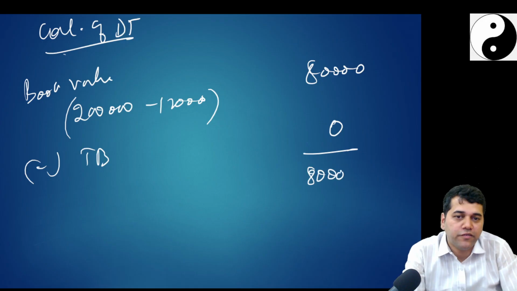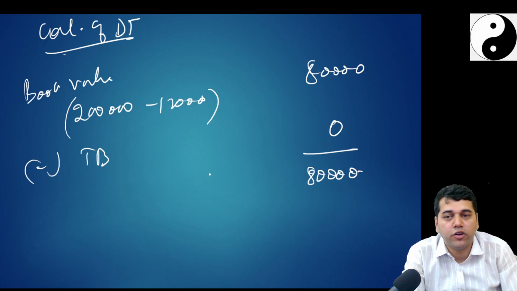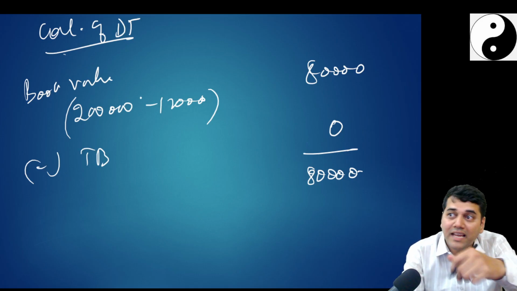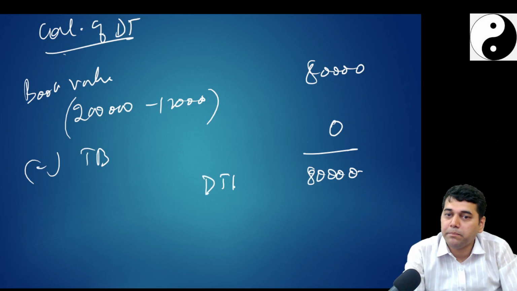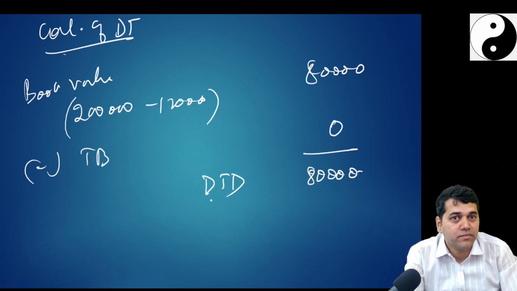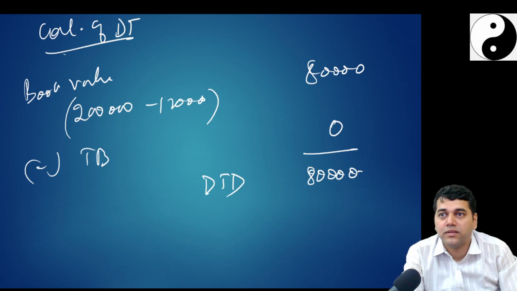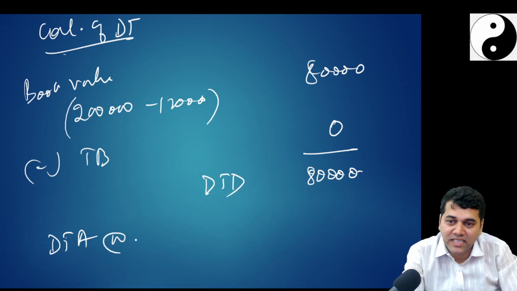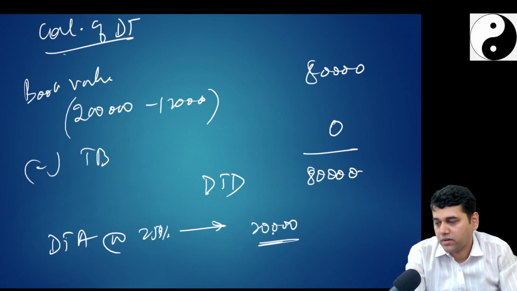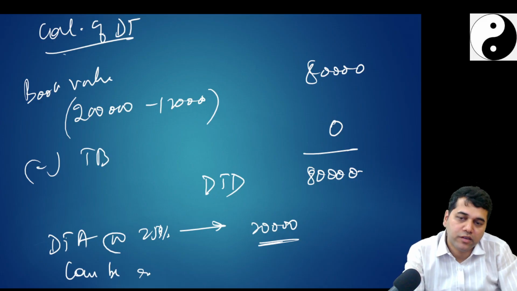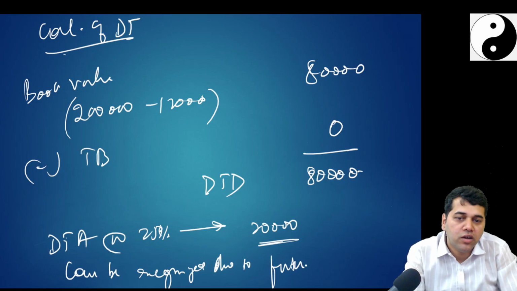So you have got a difference of 80,000. Is this taxable or deductible? Am I talking about the book value of an asset or liability? Contract liability, no. Liability's book value is more than the tax base. So it is a deductible temporary difference. It is not a permanent difference. So deferred tax asset at the rate of 25% comes to 20,000, which can be recognized due to future profits.